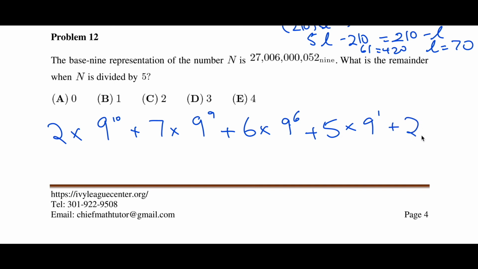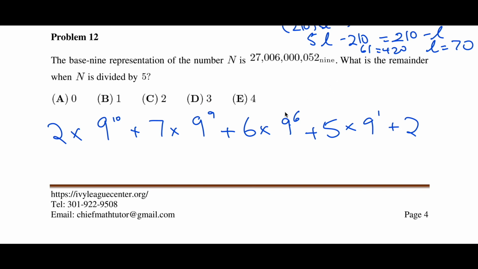To find out the remainder when n is divided by 5, we just need to know n's units digit. We know that 9 to the power of 1's units digit is 9, 9 to the power of 2's units digit is 1, then 9, then 1, and so on.